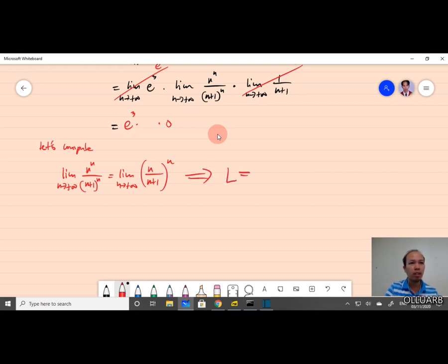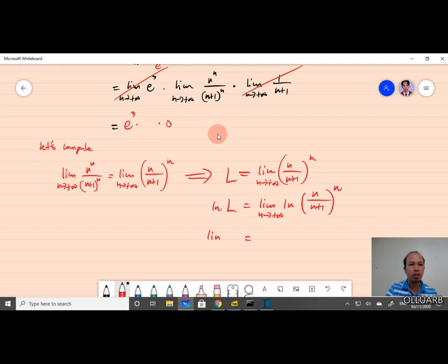We let L be the limit of n over n plus 1 raised to the power of n as n approaches positive infinity. So take ln of both sides. We have the limit of ln of n over n plus 1 raised to the power of n as n approaches positive infinity.